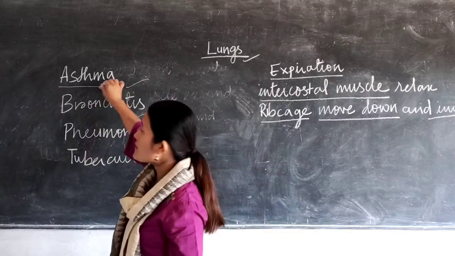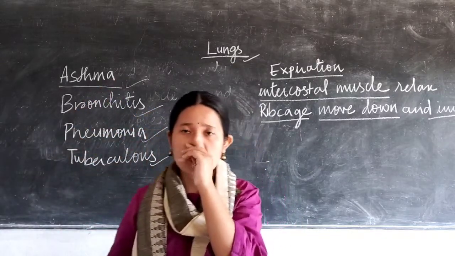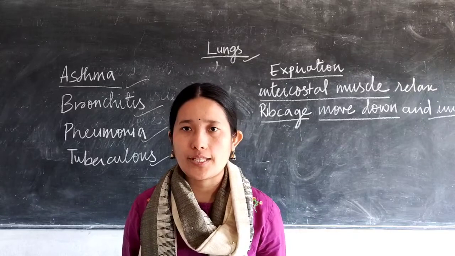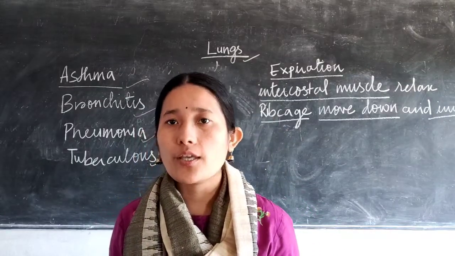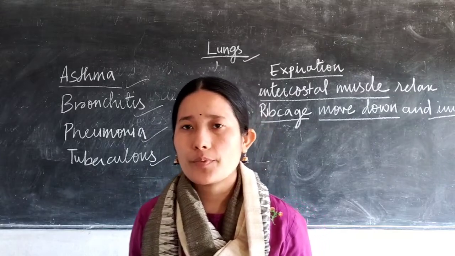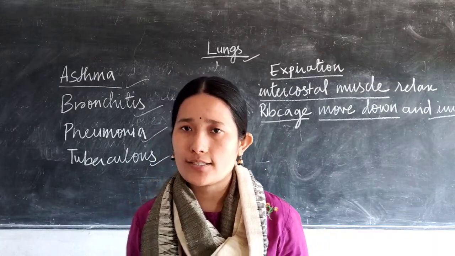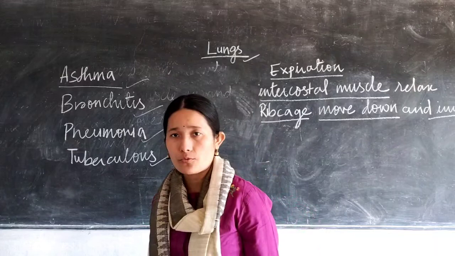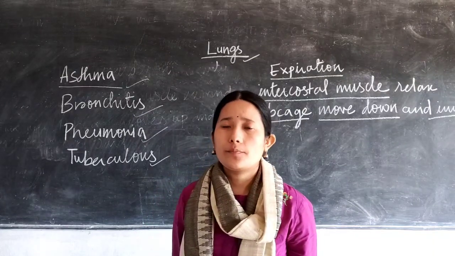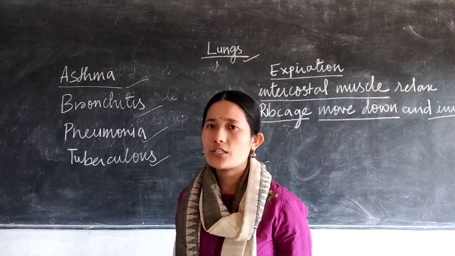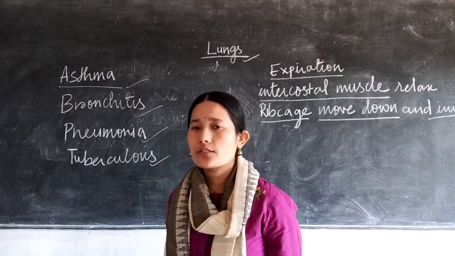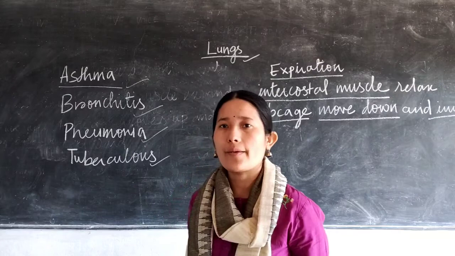Now with asthma, the symptom is generally shortness of breath. That means it becomes difficult for that person to breathe. Why is that so? Because the tubes entering the lungs become narrow, so it becomes difficult for that person to breathe. Sometimes this can be genetic too, it can run in the family.